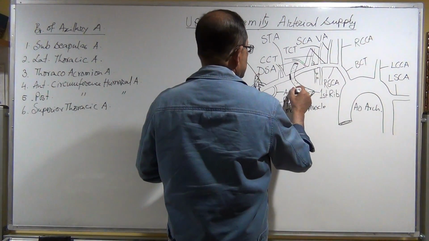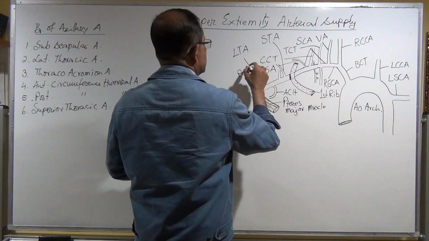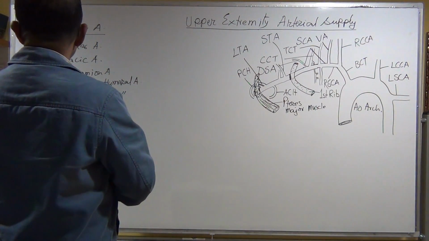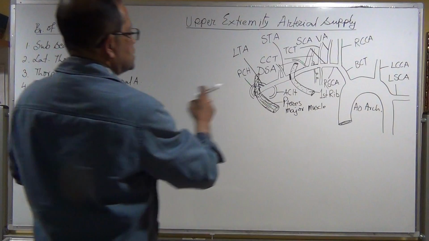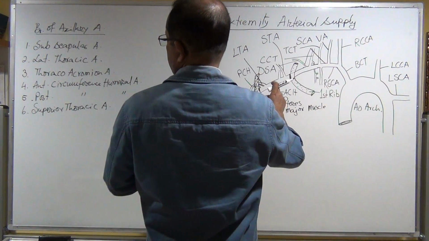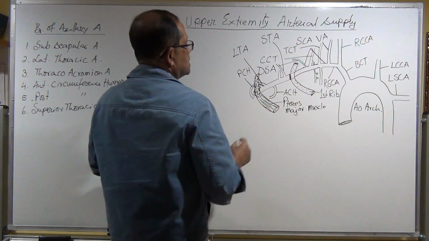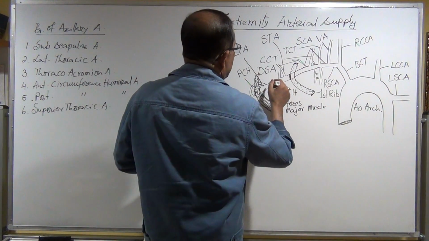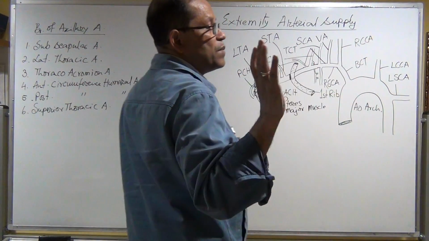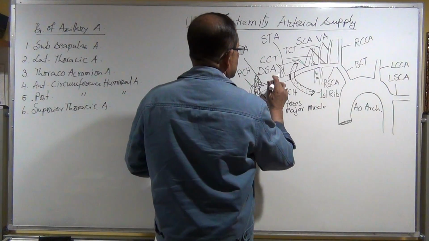So 1, 2, 3, 4, 5, and the subscapularis. It goes under the scapula. The subscapular muscle gets supplied by the subscapularis. I'm just drawing it here.